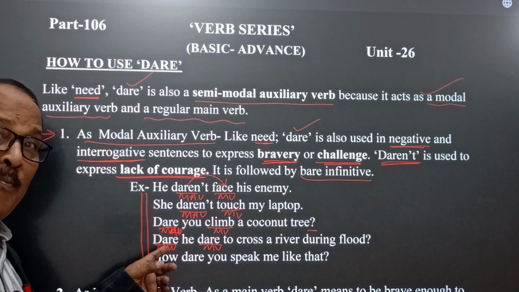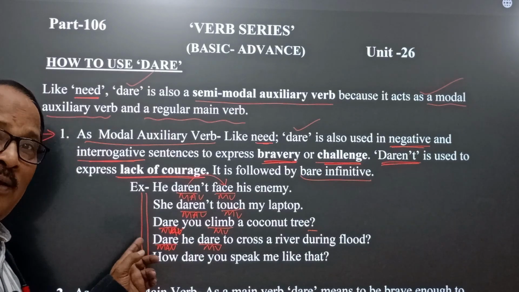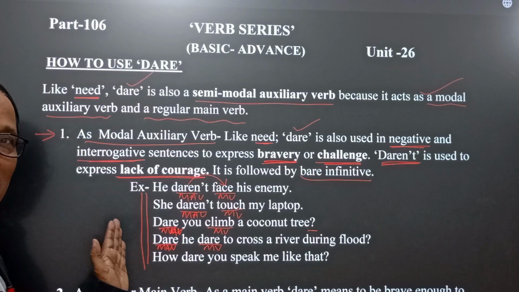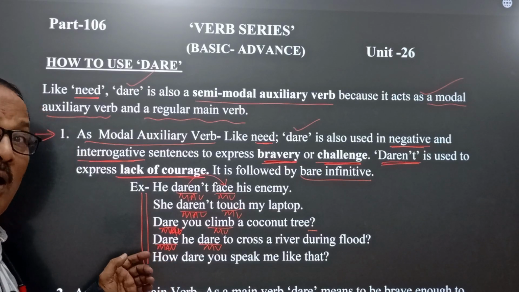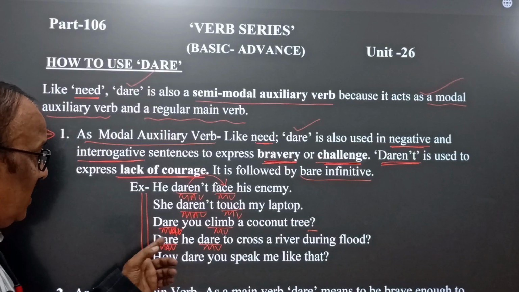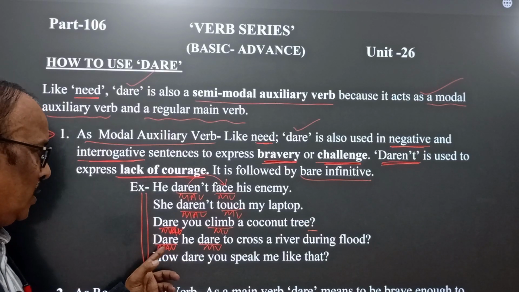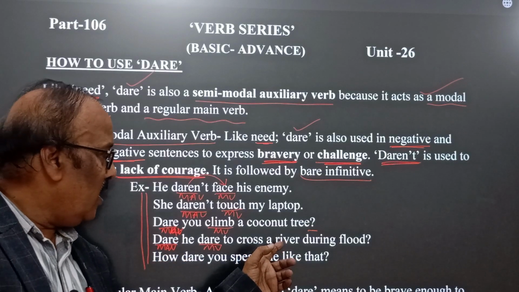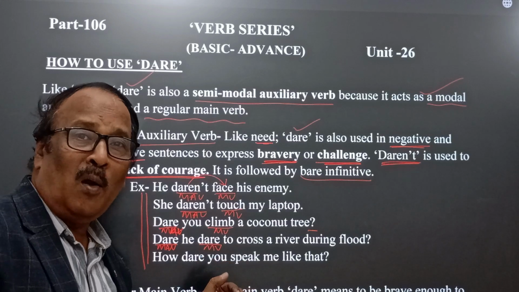First dare is the modal auxiliary verb, second dare is the main verb. Here the question maker wants to ask whether he has the capacity or the courage to cross a river during flood. This is the meaning of the sentence.